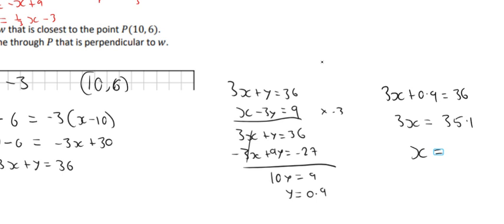I'm getting rough answers here, but I think it's right. So 11.7. Yeah, so the point then would be (11.7, 0.9).